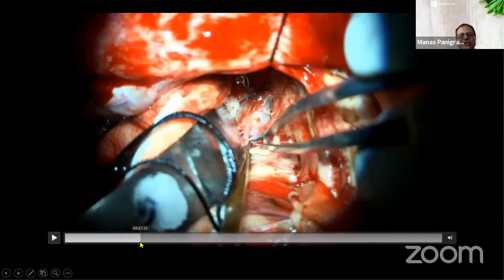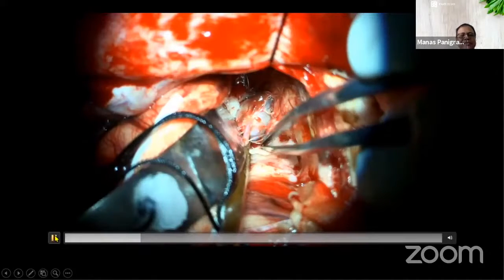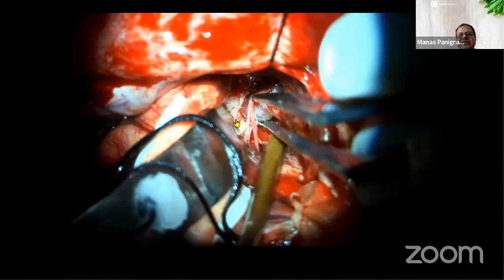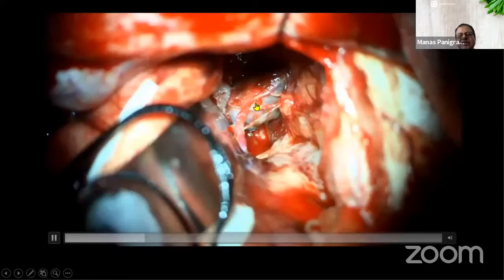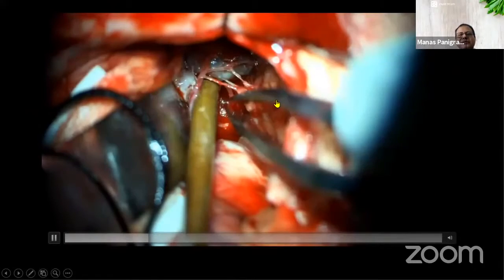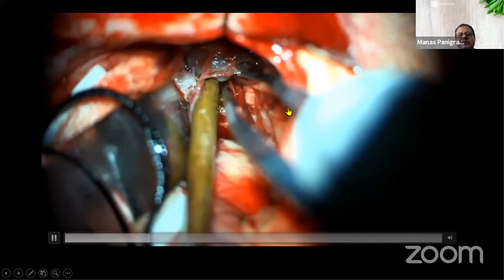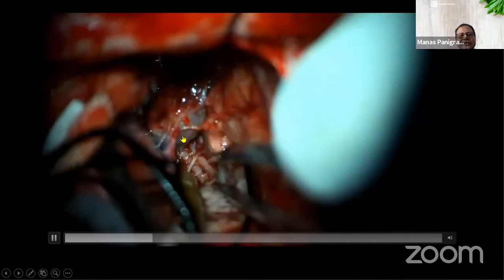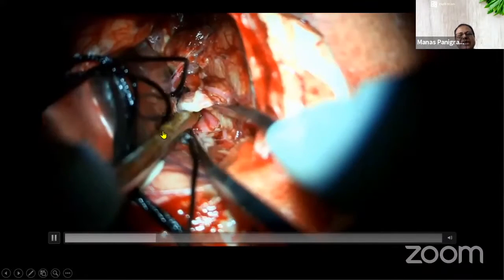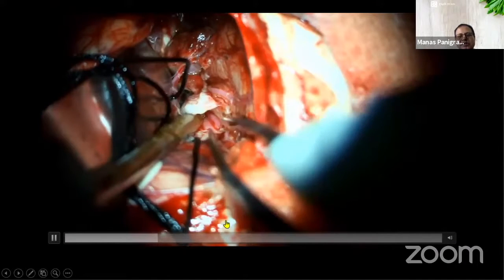Yeah, the aneurysm was identified here. And you can see the distal parent vessel is coming from the fundus. So during surgery, we didn't think that I can do a primary end-to-end anastomosis after excising the aneurysm.